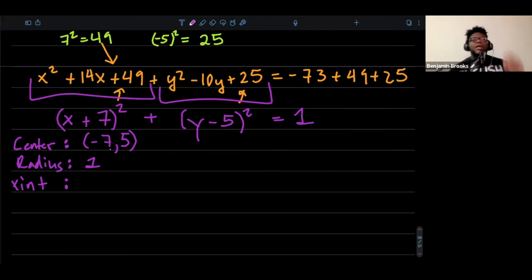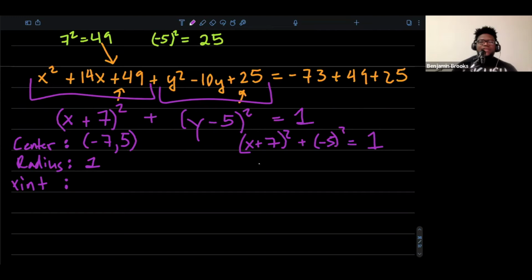Great comment. All right. So what we want to do is, so the x-intercept, basically you set y equal to 0. So you can think about this. It's going to be x plus 7 squared plus negative 5 in parentheses squared. And that the parentheses does matter. It is important. Remember, all I've done is set y equal to 0.